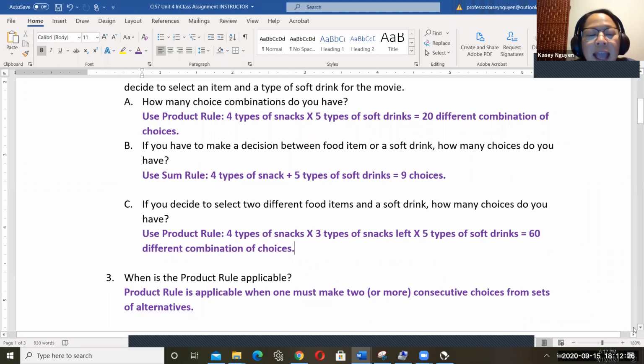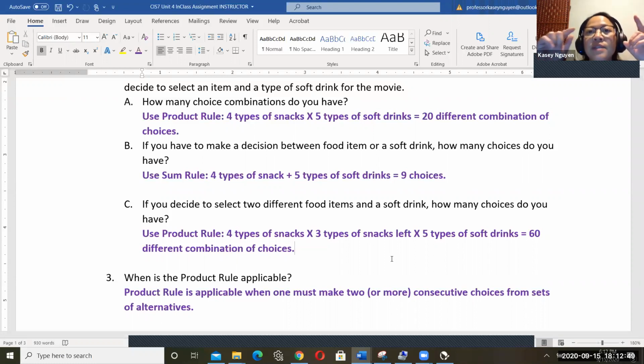So it asks you, when is the product rule applicable? When we make 2 or more consecutive choices from the set of alternatives. Notice that in C, we made 1 choice from the 4 snacks that leaves us 3 choices.